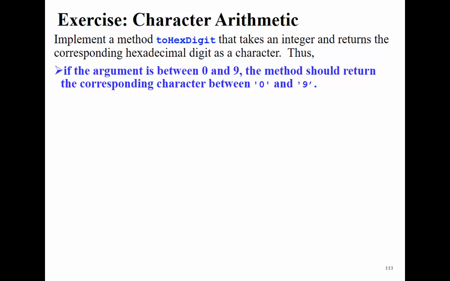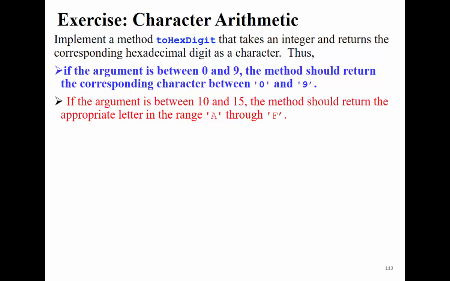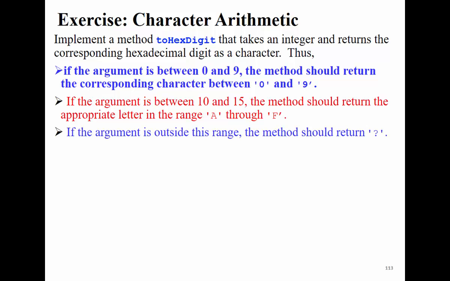That's the hex code. If the argument is an integer between 10 and 15, we return A up to F. So A, B, C, D, E, F. F represents 15. If the argument is outside, we're going to return a question mark.